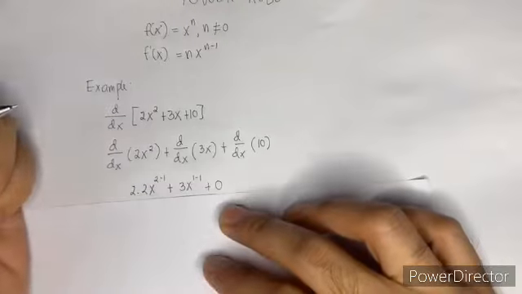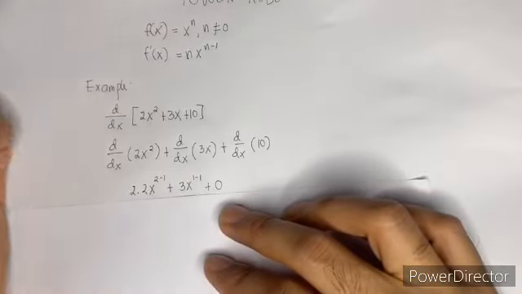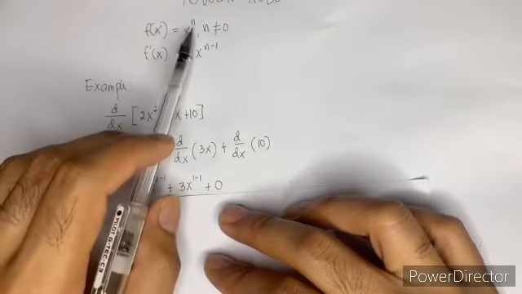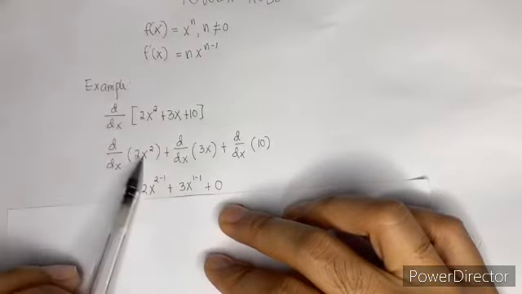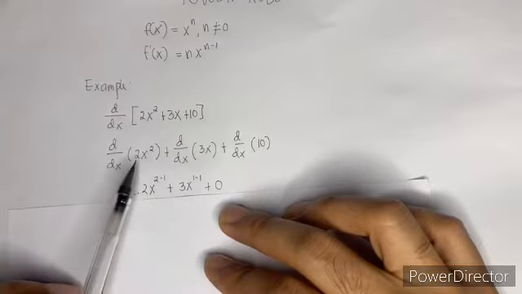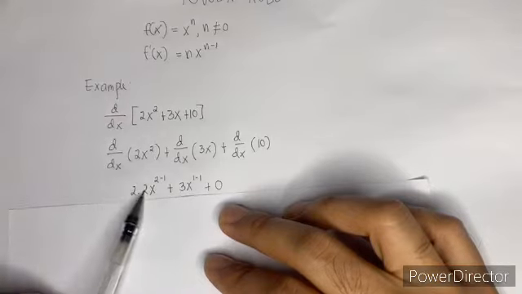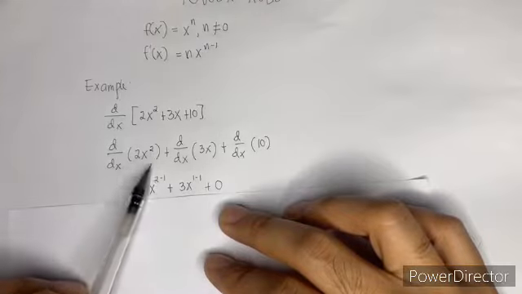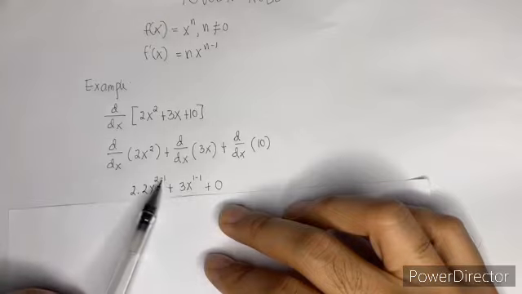So, gamit ang formula natin sa power rule, ang mangyayari dito is ang 2, as we can see here, magiging base siya. So, copy lang natin ang 2, and then x, copy lang natin ang variable, so copy natin ang 2, exponent, minus 1.